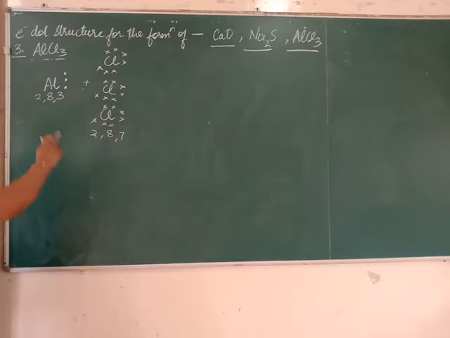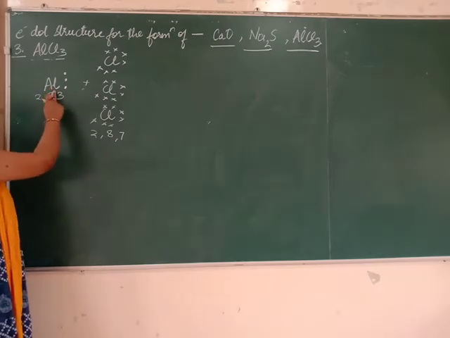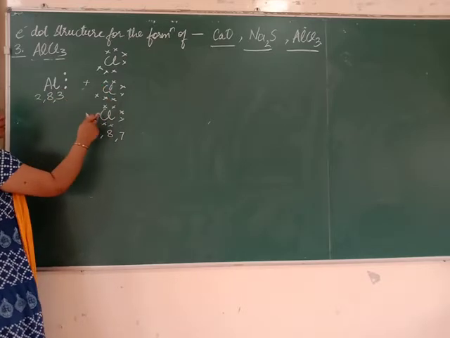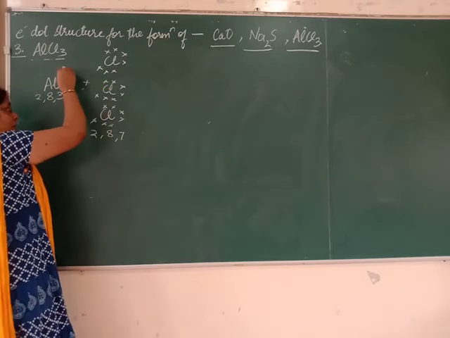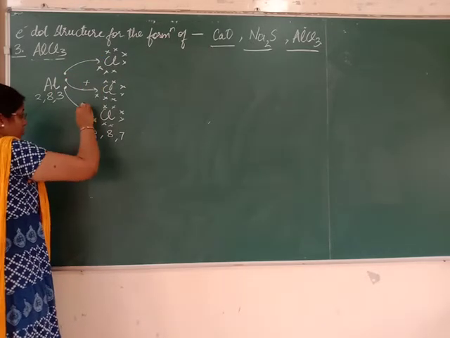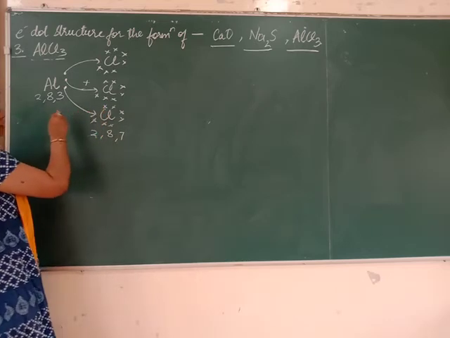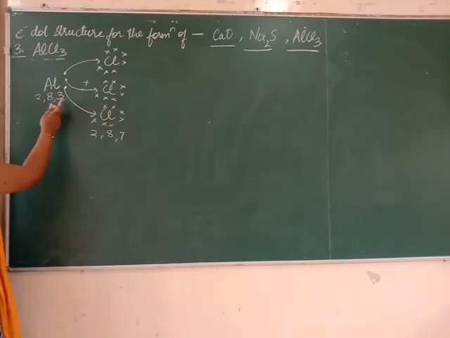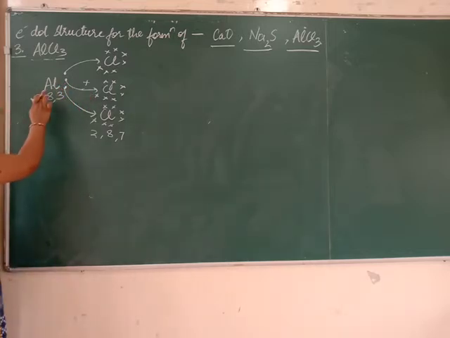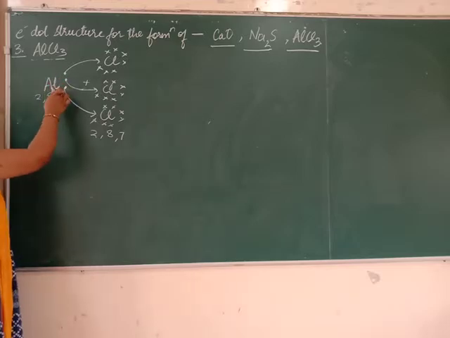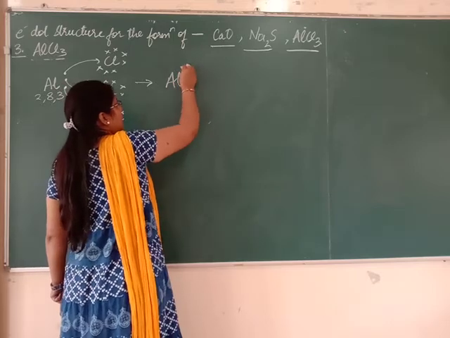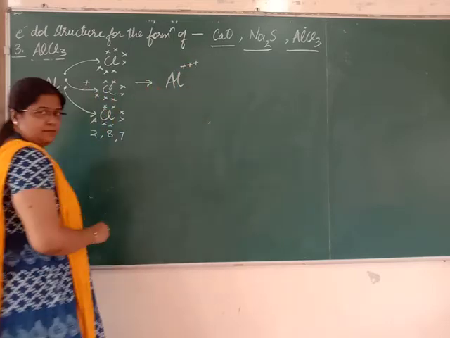So what will happen? Aluminium is going to lose its electrons. 1 electron will go to this, 1 electron will move to here, and 1 electron will be accepted by this chlorine atom. And we will show arrows in this manner, children. Let me tell you, showing the shifting of electrons in this manner with the help of arrows is important. So aluminium loses 3 electrons. After combining, it will acquire 3 positive charge.